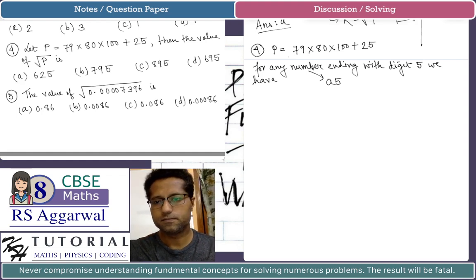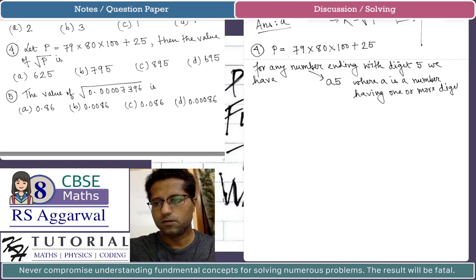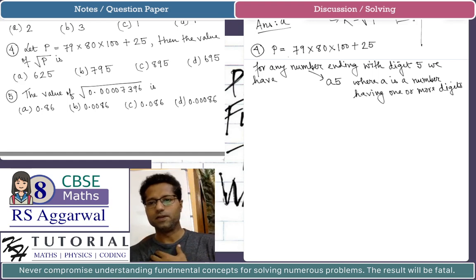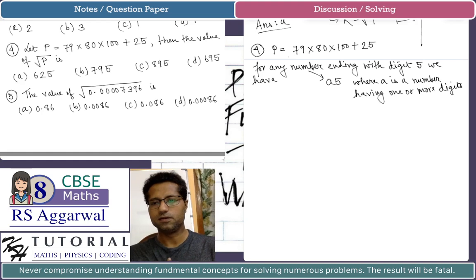Where A is a number having 1 or more digits. So A5 will definitely be a number ending with the digit 5.